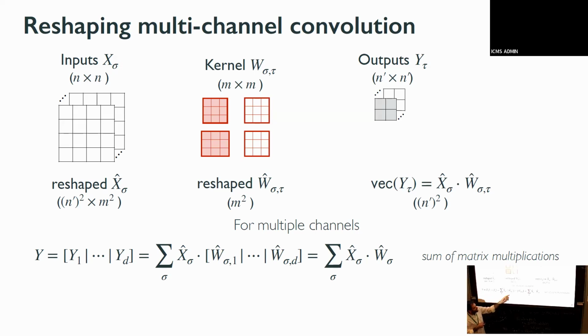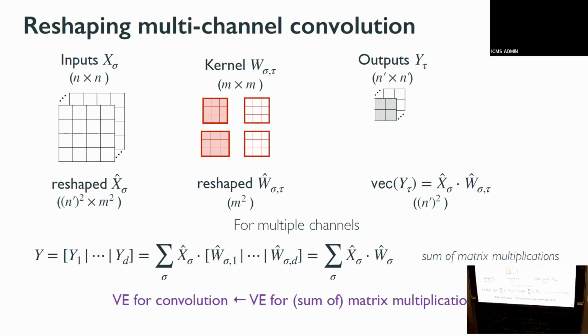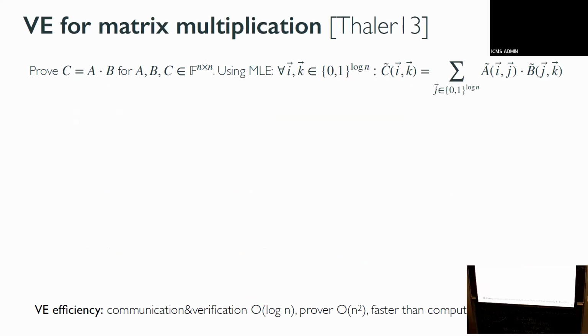You can essentially express this as a sum of matrix multiplications between the reshaping of the input and the reshaping of the kernel matrices, according to this formula. So the essential idea is that you can express convolution with a verifiable evaluation scheme for a sum of matrix multiplications.